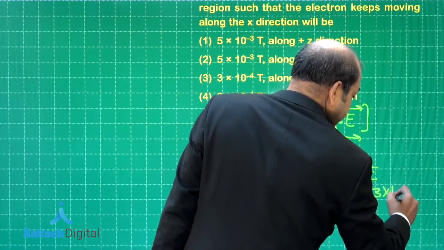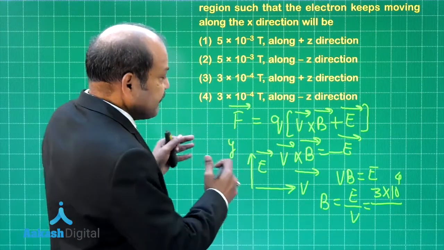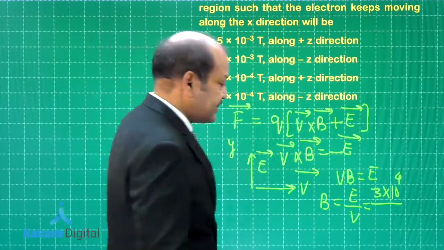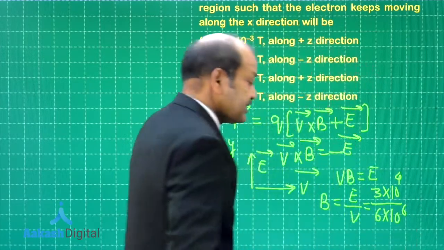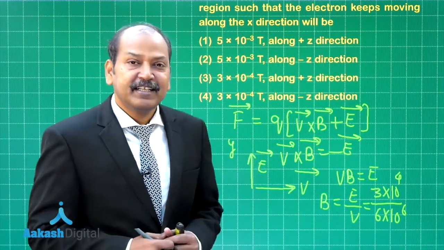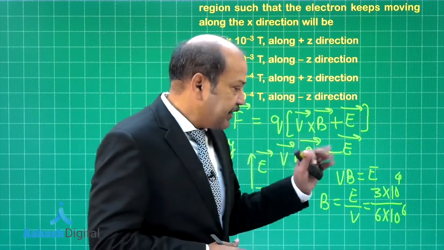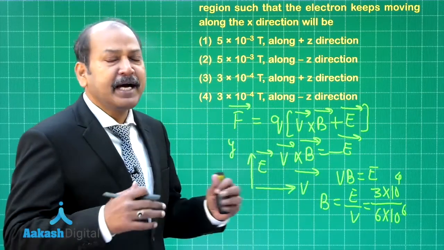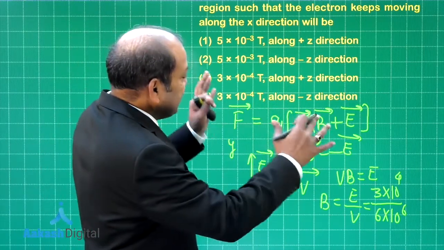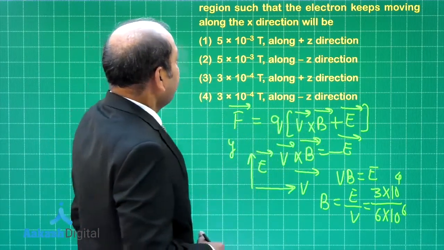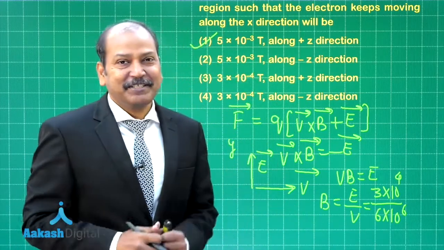The value of V is given as 6 into 10 to the power 6 SI units. And that means that the z component of the magnetic field should be 5 into 10 to the power minus 3 Tesla. So, if we combine both these results, we find that option 1 is the correct option for this particular question.